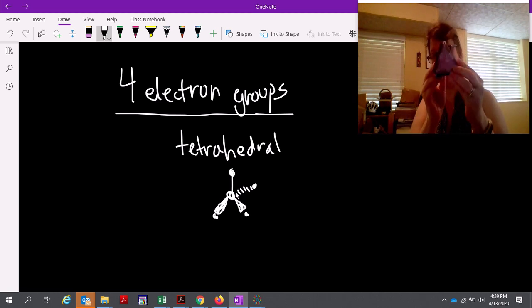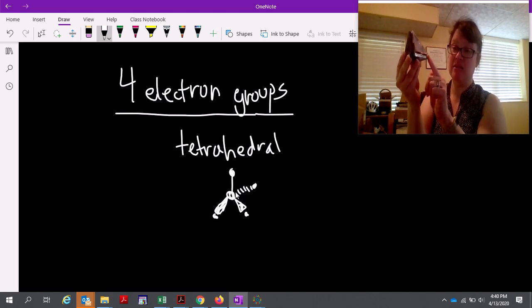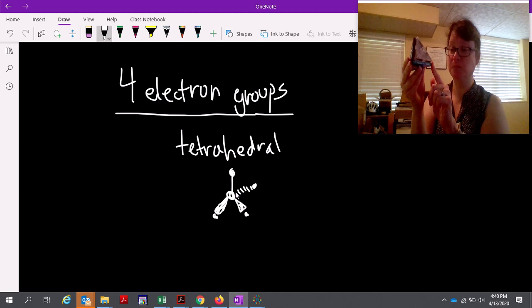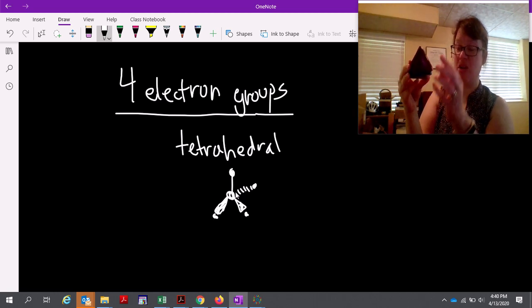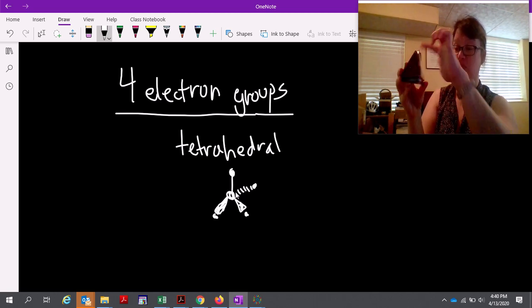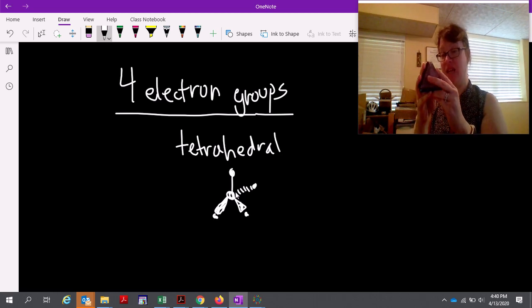So you can see it's a pyramid with a triangle base, and you can visualize the central atom is in the middle of this thing, and the external electron groups point to the corners of this pyramid. And this is called a tetrahedral or a tetrahedron because it has 4 sides, 1, 2, 3 going around and 1 on the bottom. So that's where we get the name tetrahedron from.